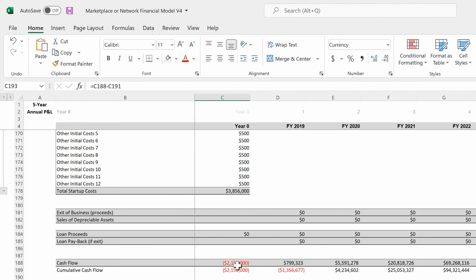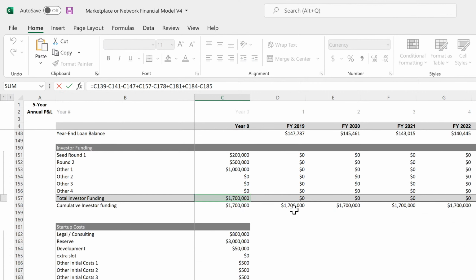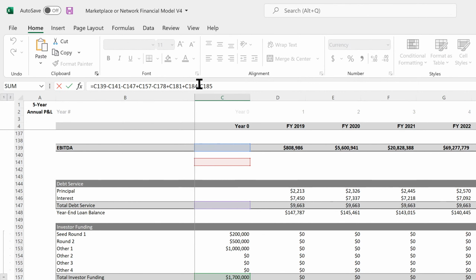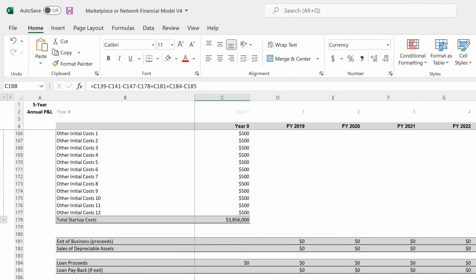Oh, we gotta update this calc as well. So here we don't want 157. And here you can just add in this. Okay.